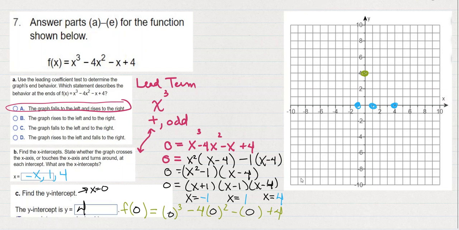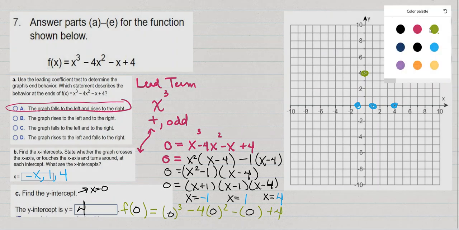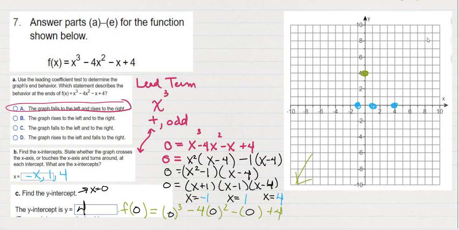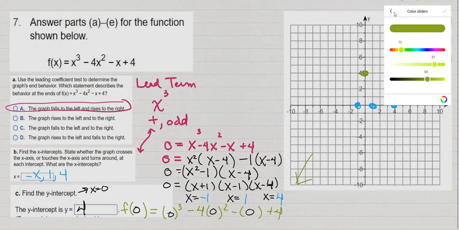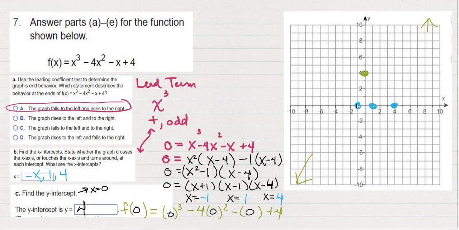We said it starts down here because it's falling on the left, going from left to right, we're going up. So I know that the end behavior looks like the arrow down and the arrow up. Then I can fill in the rest of this, at least with a rough idea, go something like that. And that would actually be sufficient.